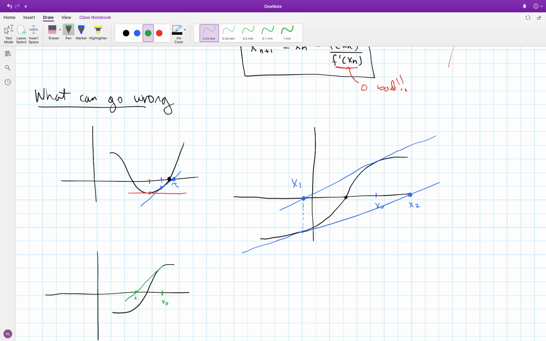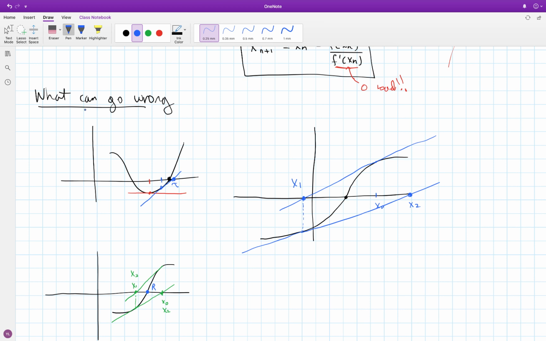Then it might be the case that your second tangent line comes and hits exactly at your original guess. And that original guess becomes your third guess. Then you draw a tangent line there, and your fourth guess is exactly the same as your second guess. You just end up cycling back and forth between these two x values, and you never hit your actual root right there. So again, if you see this happening numerically, this might be the geometry that is producing it.